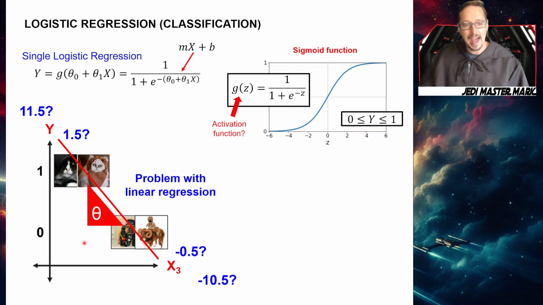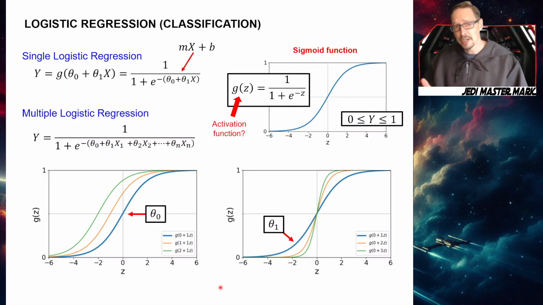Because your actual output responses are always going to be 0 or 1 in that case. So if you get these really, really large values, there's going to be a lot of loss associated with them. And that's going to mean that this line is really going to be distorted by the extremes. So we definitely don't want that.